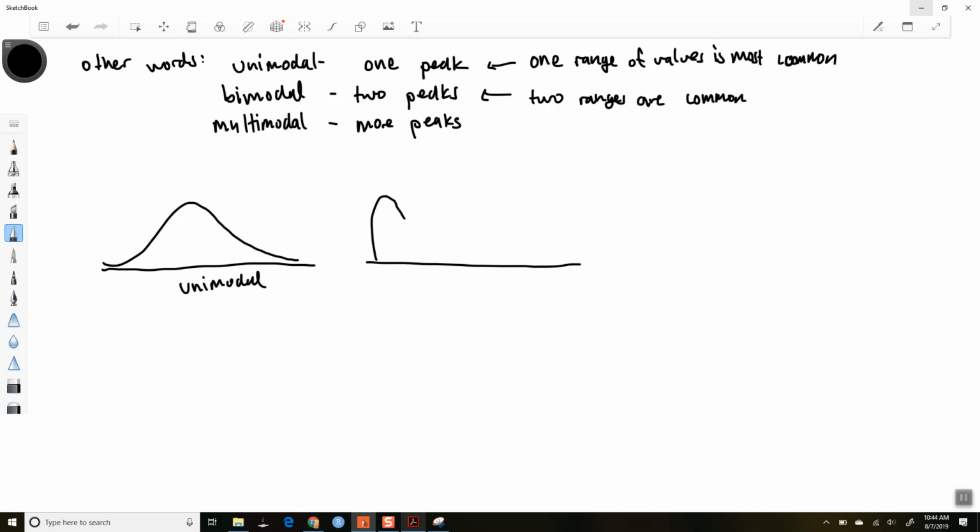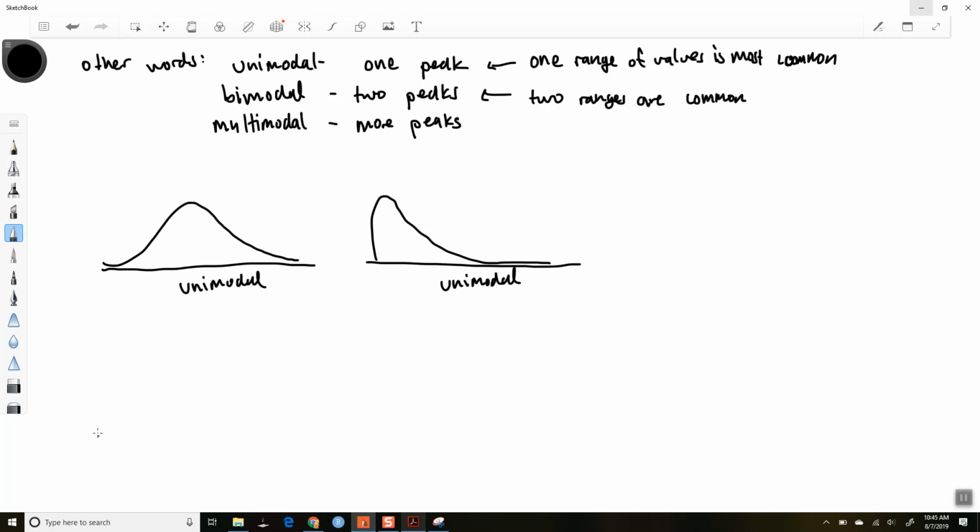Even the skewed ones can be unimodal. All right, so this is unimodal also. Just saying one range of values under $1 million is most common. Okay. Over here, unimodal, ACT scores around 24, 25 that are most common.